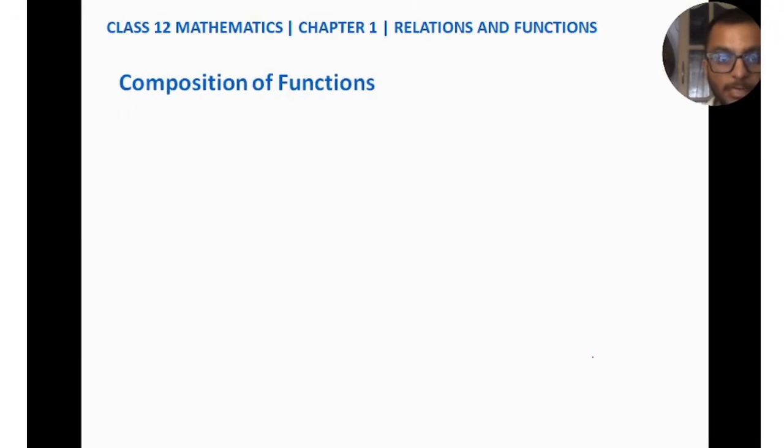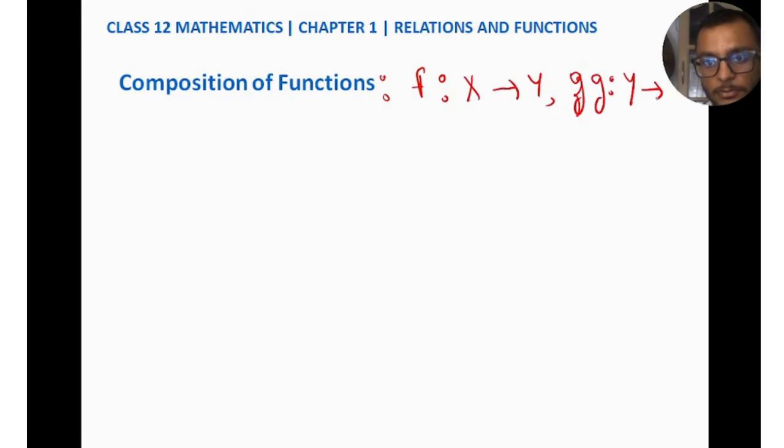Now let's move to the next topic, composition of functions. So suppose we have two functions, first f from X to Y, and then g from Y to, not necessarily X, suppose rather than X let me write H. Then we will have the composition of functions defined as g of f.